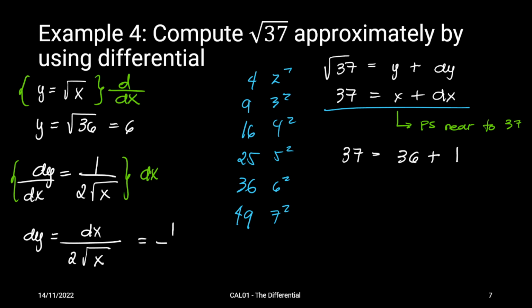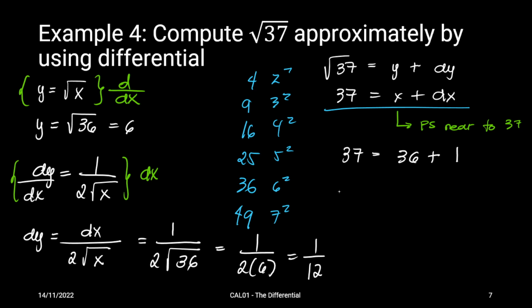So we have 1 over 2 square root of 36. Di ba? So we have 1 over 2 times 6. So we have 1 over 12. Okay? We have the value of y. We have the value of dy. So we can approximately get the value of square root of 37.